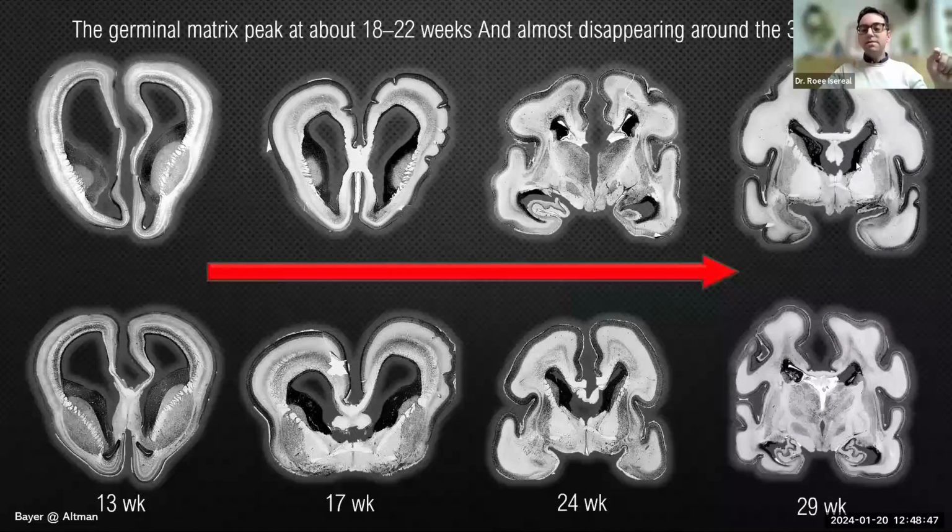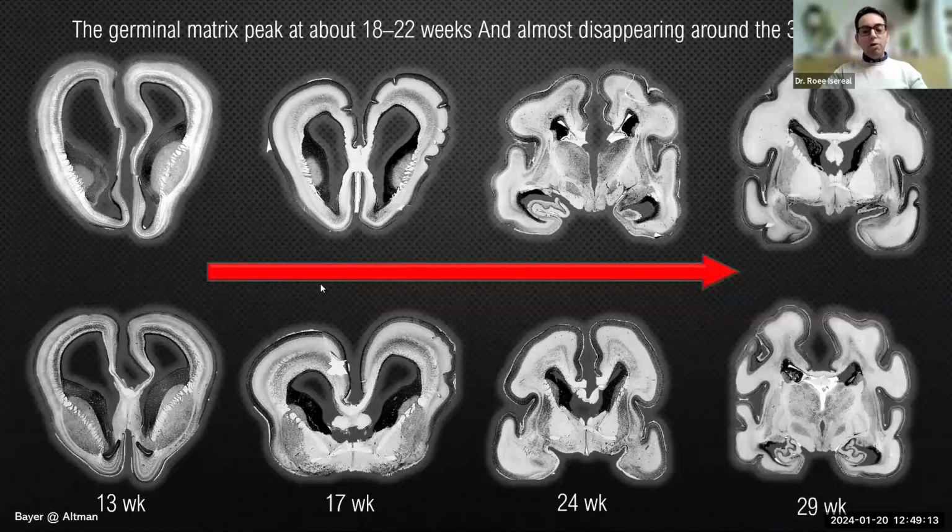Eventually, during the third trimester, we have mostly remnants in the caudothalamic groove, which is a little behind the head of the caudate and anterior to the thalami. But remember that during early pregnancy, mostly the first half, there is a lot of cellular and proliferative activity going on there. You also need to remember that this activity has a very high energetic demand.